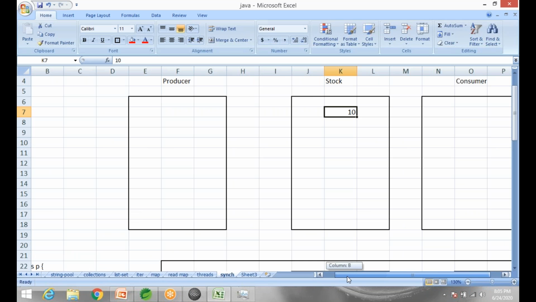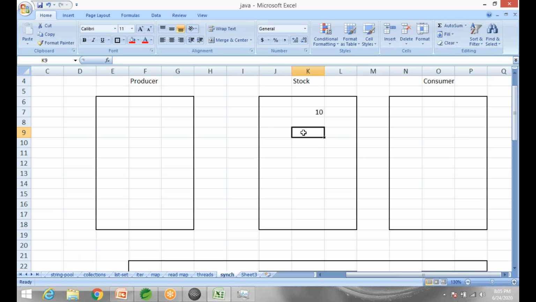The rule is producer should not endlessly keep producing. Think about anything. If you're running a store, are you going to stock up your store every single day, or only when you're about to run out of stock? Only when you're about to run out of stock.